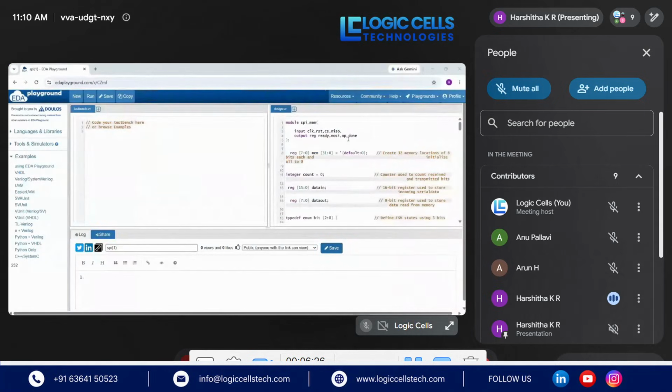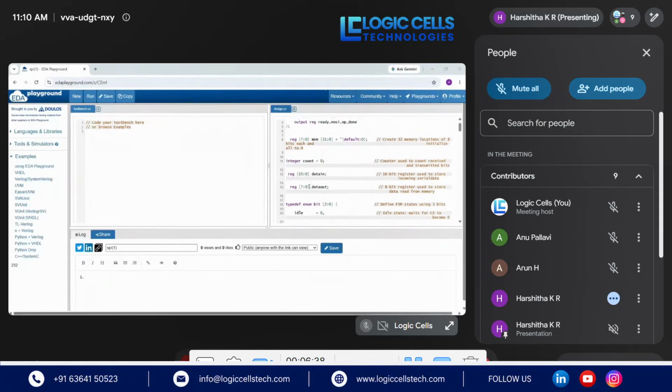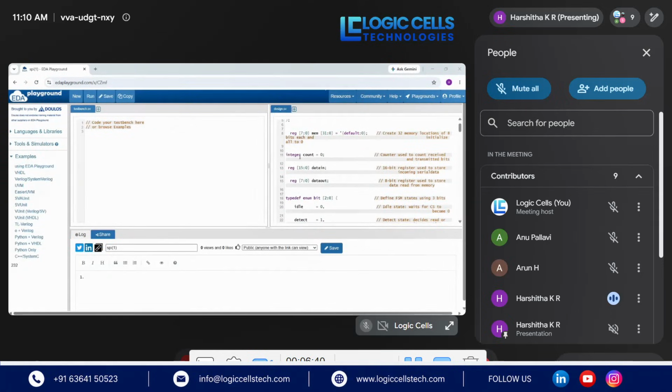This is my design code. Here I have declared the input and output of my module. Inside the module, I have declared the 32 memory locations, and each location can store 8 bits of data. Here I have declared the integer variable called count, and it is initially 0.